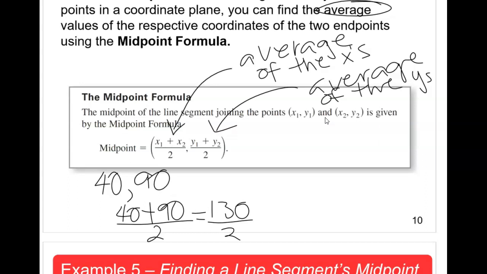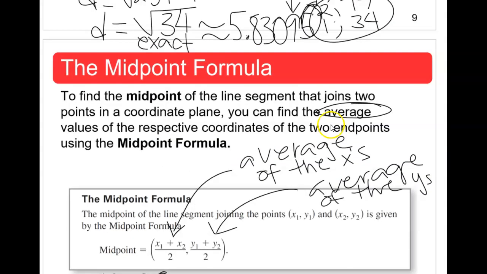First, actually, fraction bars are considered grouping symbols, such as parentheses. And so that's why I added the 40 and the 90 first. So 130, then I divide by 2, and that will give me 65. Not too good of an average. So that's what we're going to be doing every time we need the midpoint of something.